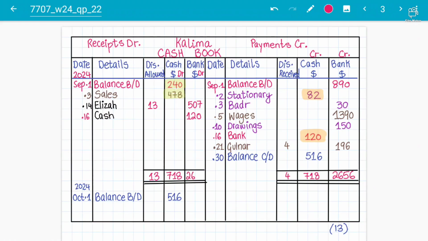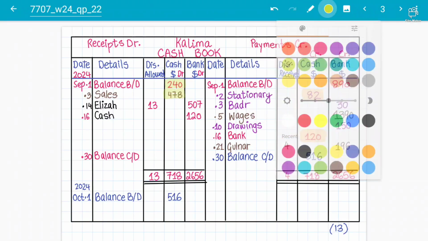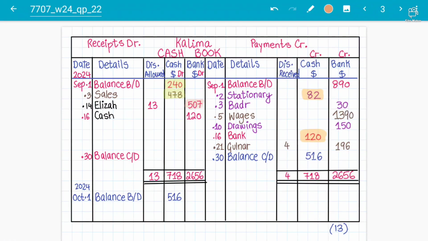And 2656 here. This will be the balance carried down for the bank account on September 30th, which will be 2656 minus these two transactions, which is 507 and 120, the receipts that we have done in the bank account.